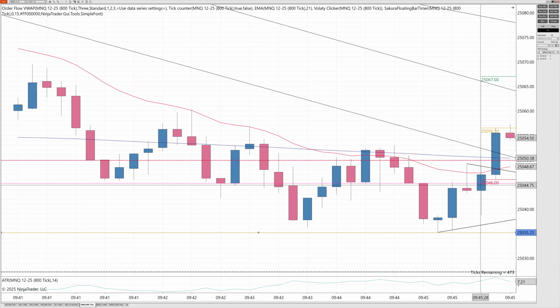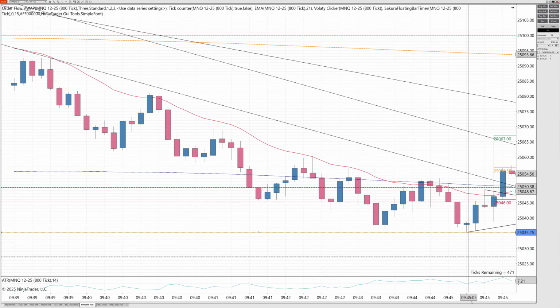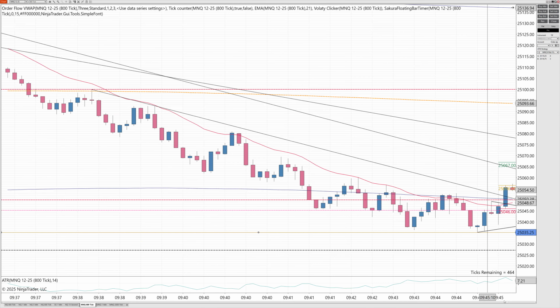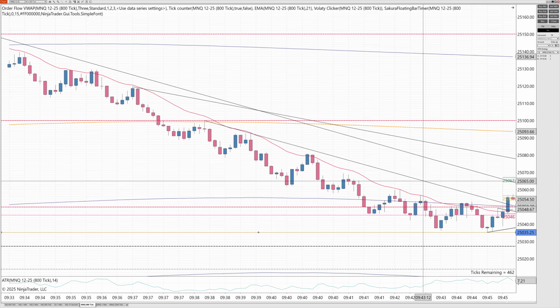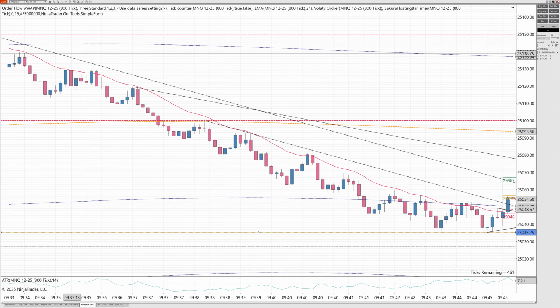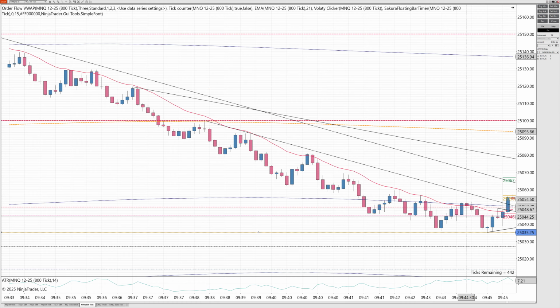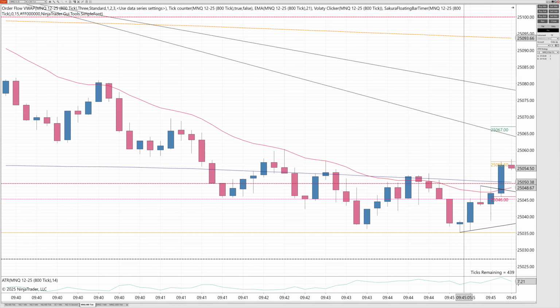So I cannot take this trade to the upside. That's one reason. Another reason is we have a bunch of other trend lines that could potentially act as resistance for our measured move. So this one's also a pass. Let's see what happens.